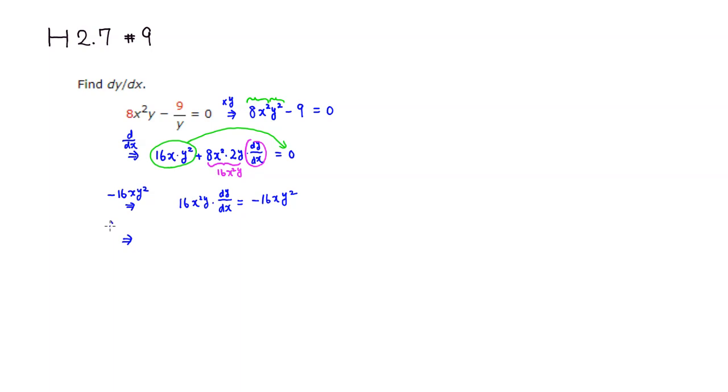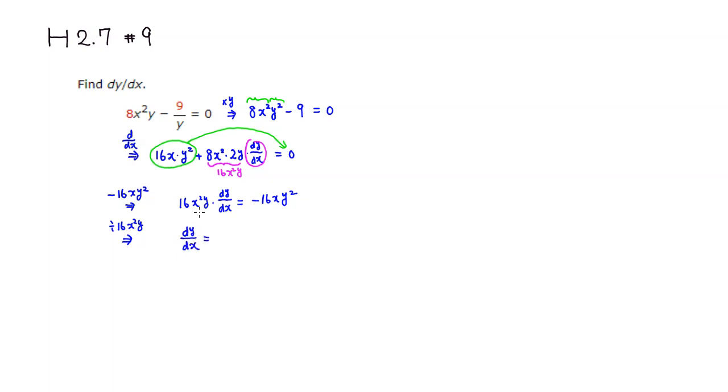Then we just need to divide through by 16x squared y, so let's do that. That way we can cancel out the 16x squared y, so we have dy over dx all by itself.